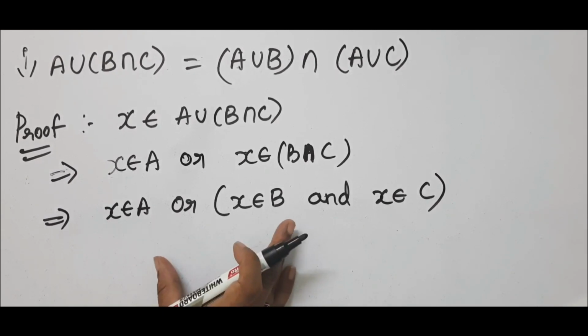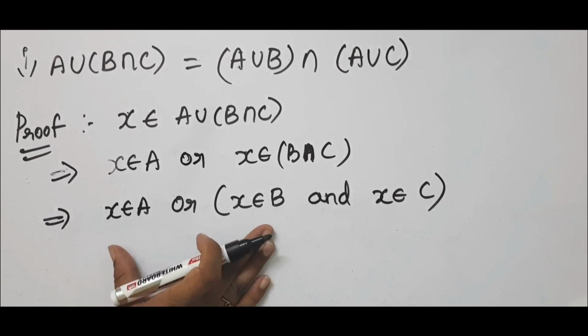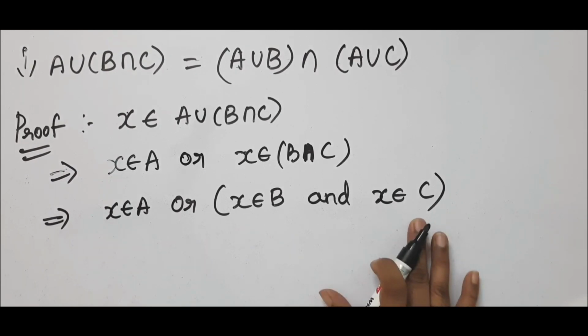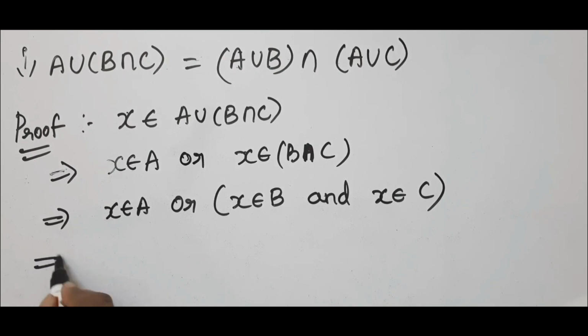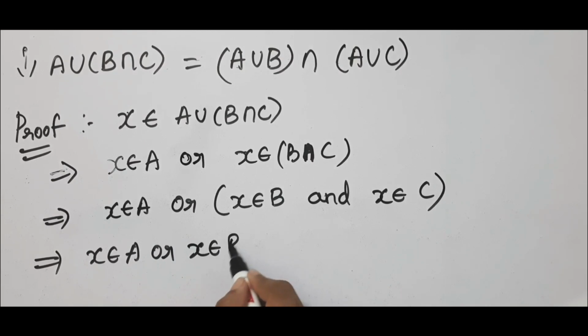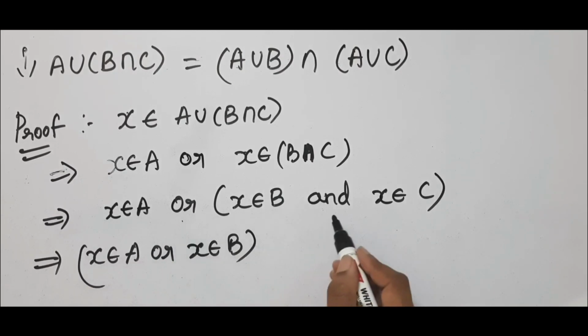So we cannot simply remove the brackets and join these two. First you have to join these two and then join these two sets. So this statement can be written as X belongs to A or X belongs to B, because "or" is there, here "and" is there.